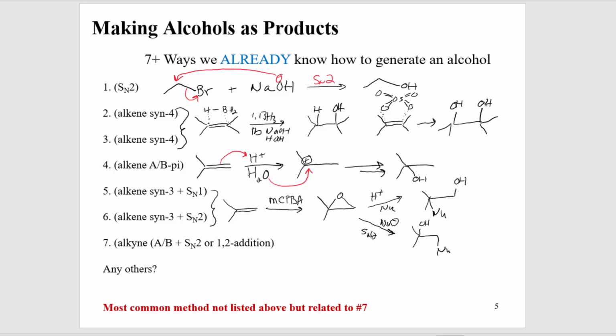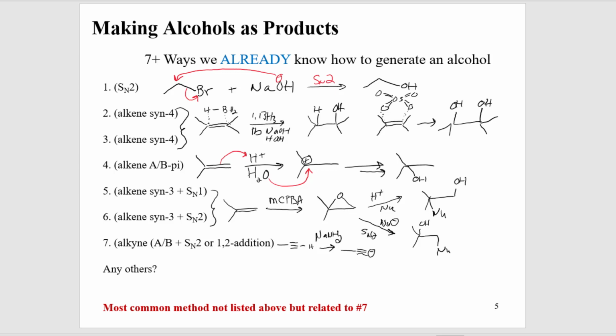And in number 7, I remind you that an alkyne, if it's terminal, can be deprotonated with a base like NaNH2. You have a deprotonated alkyne. This is just a carbon nucleophile.